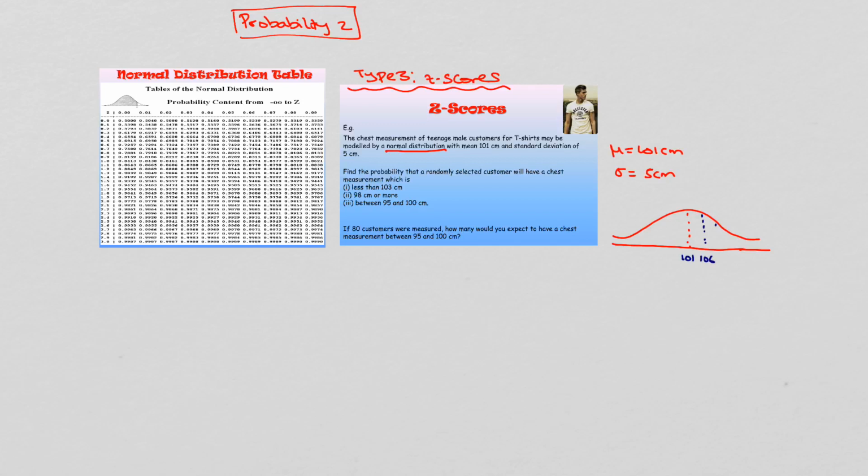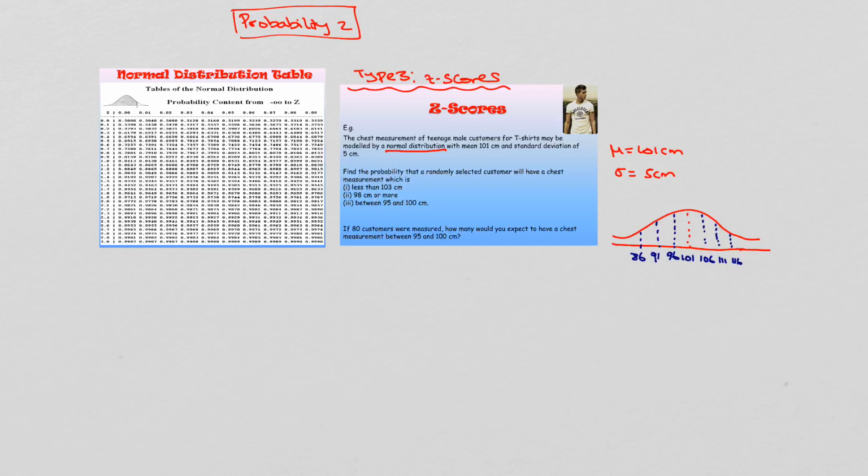Another 5, two deviations away, gives 111, and another 5 gives 116, which is three deviations away. One deviation below we would have 96, two deviations below 91, and three deviations below 86.